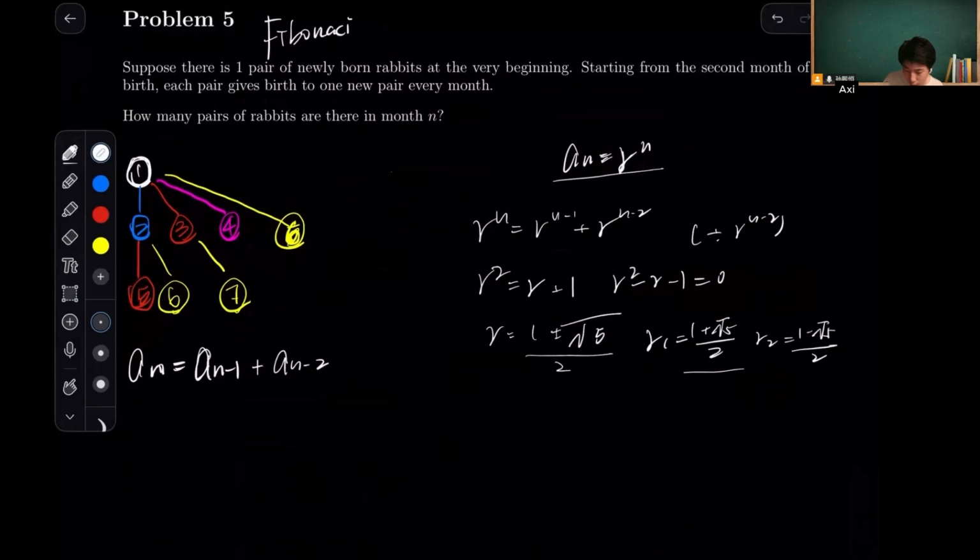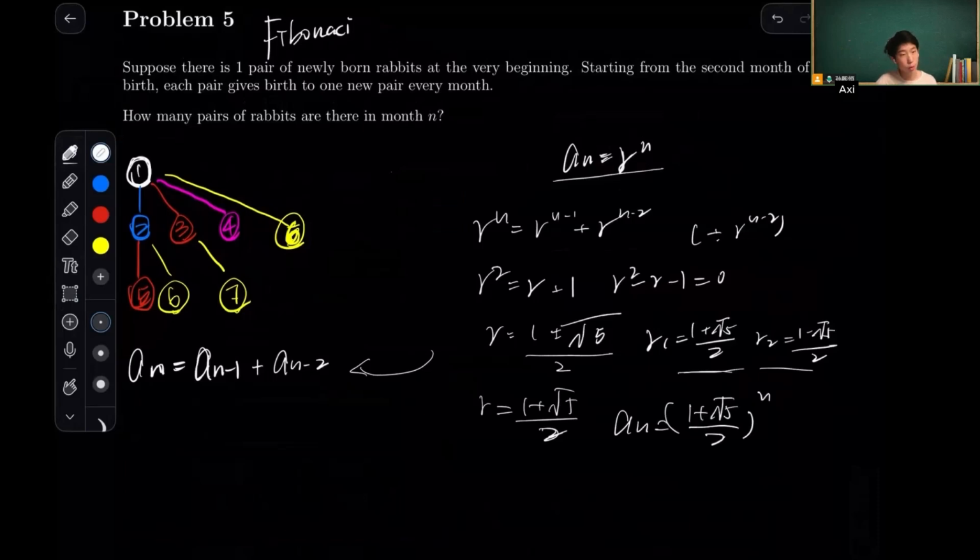So what happened here? We know that if we plug r1, r2 back into the equation, it is going to work. So for instance, let r equals (1 plus square root of 5) divided by 2. And if we just define a_n is equal to this to the nth degree, this is going to satisfy the recurrence formula.